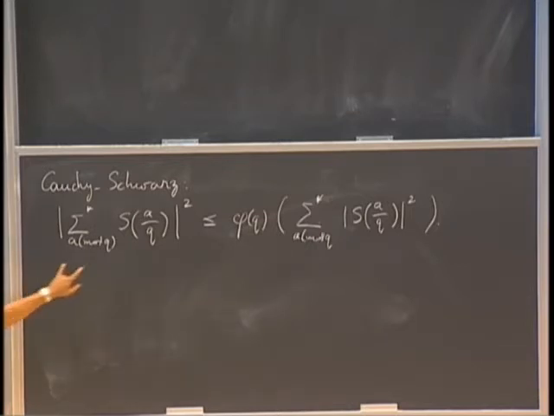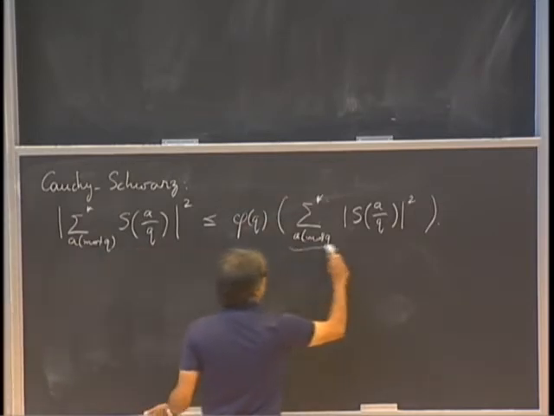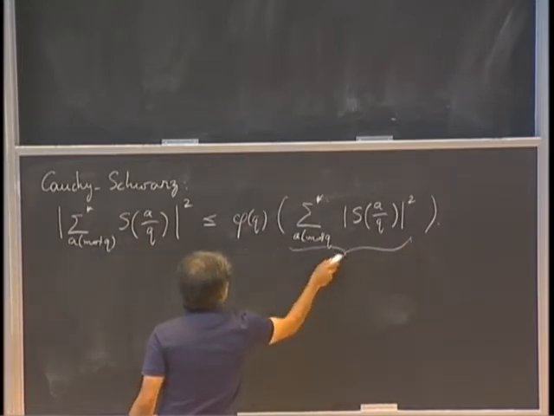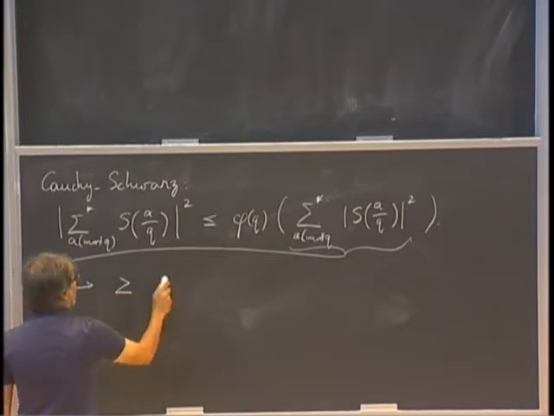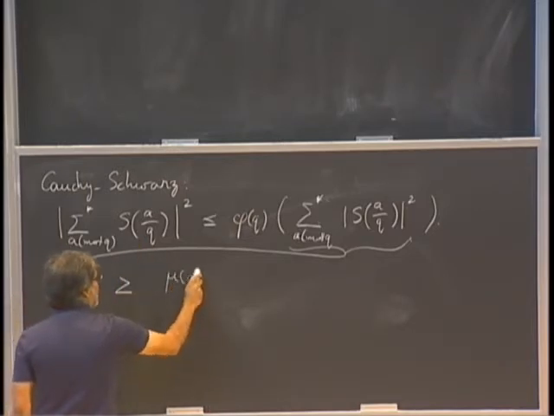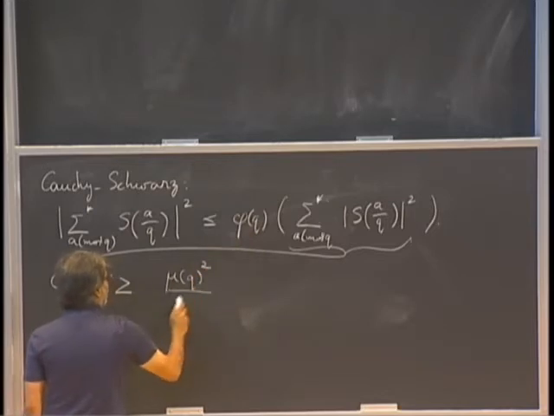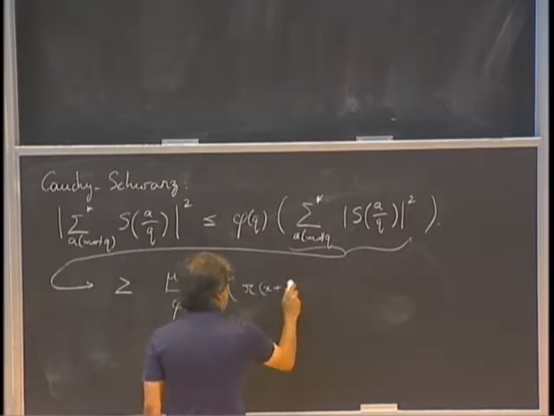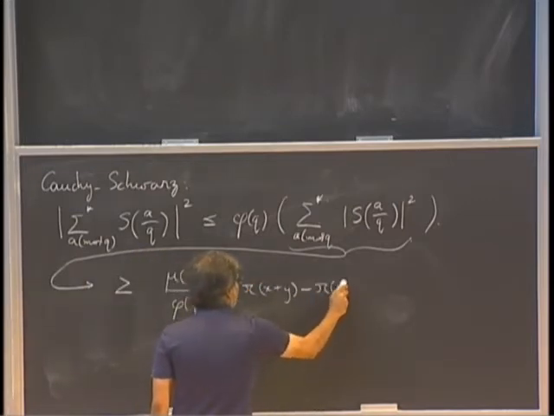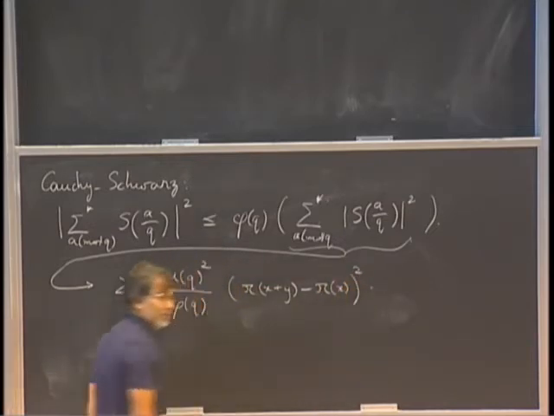So this is, what did we say? This is mu of q times pi of x plus y minus pi of x. So this quantity is at least as large as this quantity squared, which is mu of q squared, divided by phi of q, times pi of x plus y minus pi of x, quantity squared.